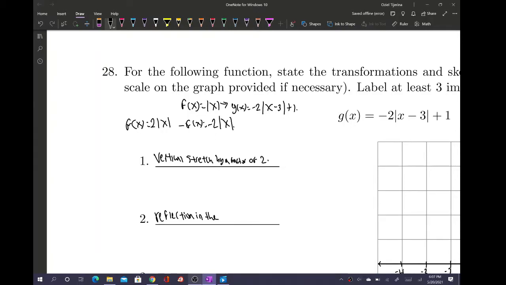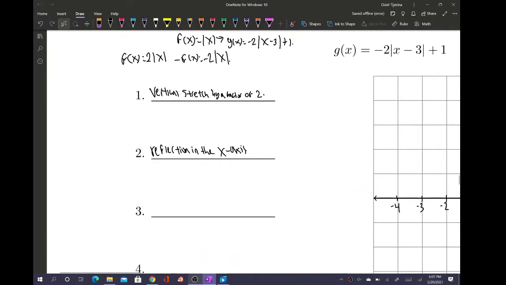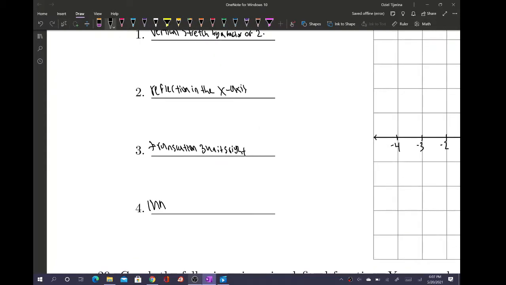So this represents a reflection in the x-axis, because negative f of x is basically negative y, and then followed by a translation 3 units right and 1 unit up.